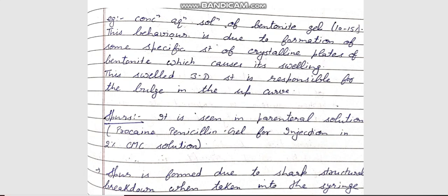This swelled 3D structure is responsible for the bulge in the upcurve. It means when the bentonite gel has been taken in the concentration of 10 to 15%, then it swells in contact with the particular solvent.